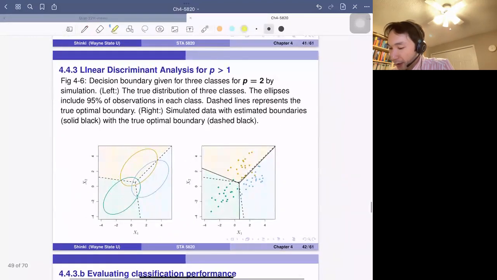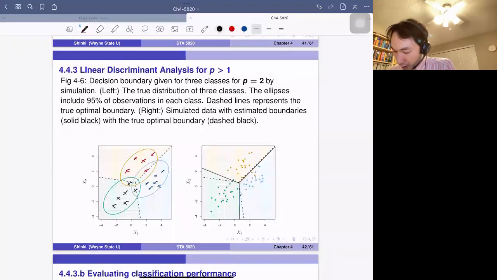Yeah, so basically, if we have observations such as this, and this, and this, then we can estimate the distribution for each group, and we estimate these contours.